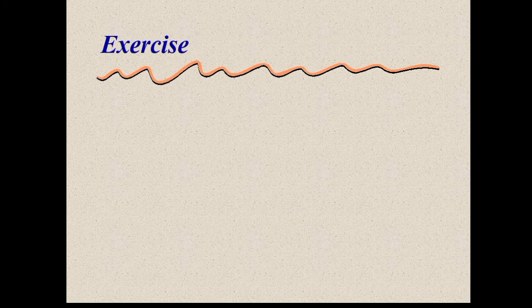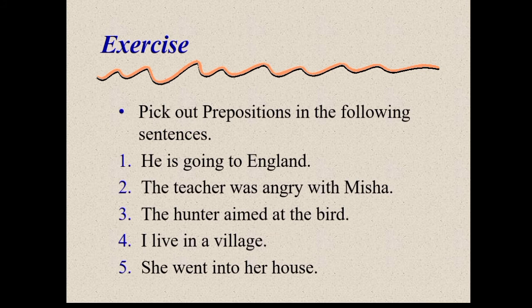Now over here there is some exercise, we will do it. Pick out the prepositions in the following sentences. Over here you have to identify which prepositions have been used.